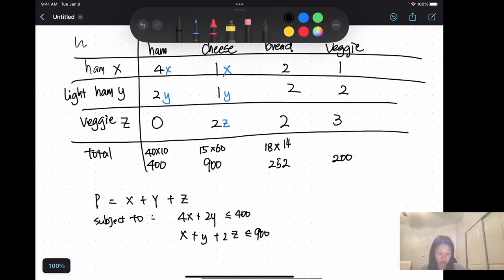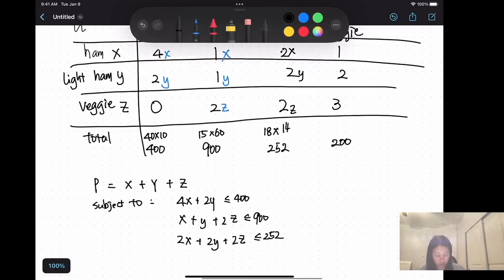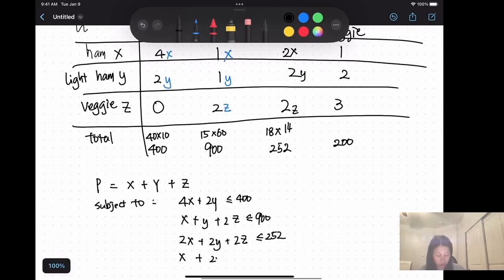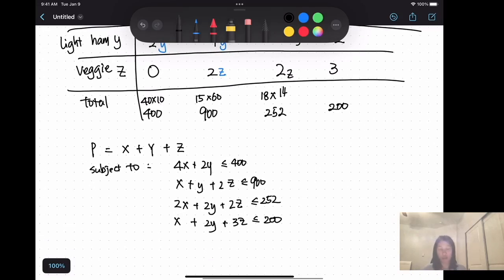Similarly for bread, it should be 2x plus 2y plus 2z, which is less than or equal to 252. And for veggie, we have x plus 2y plus 3z less than or equal to 200. All right, so here are the constraints.